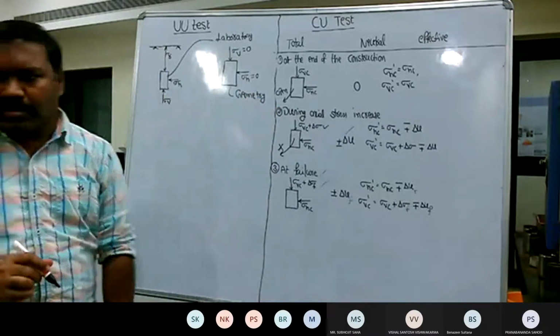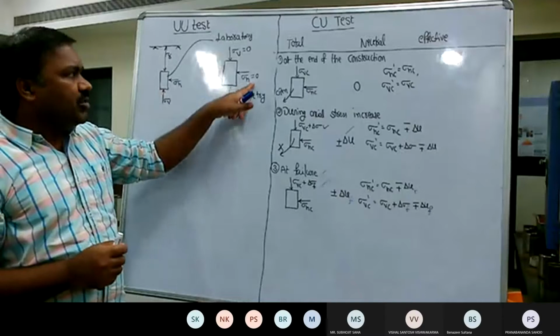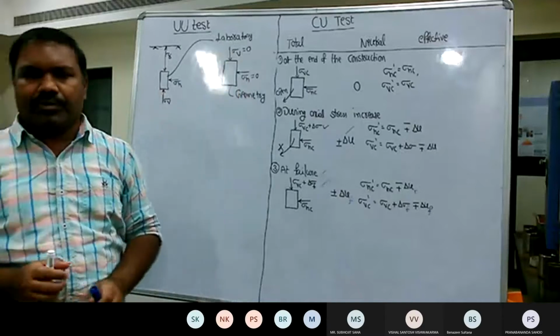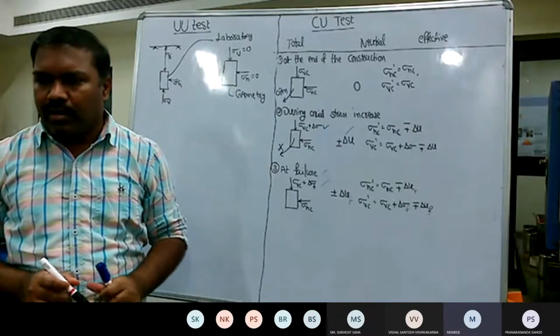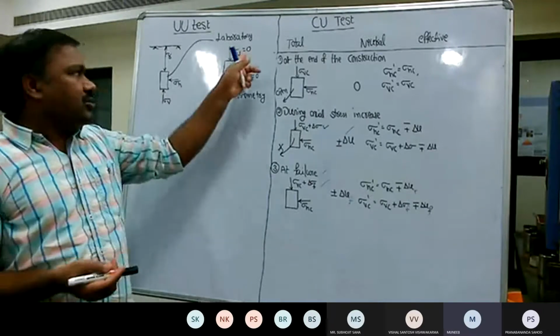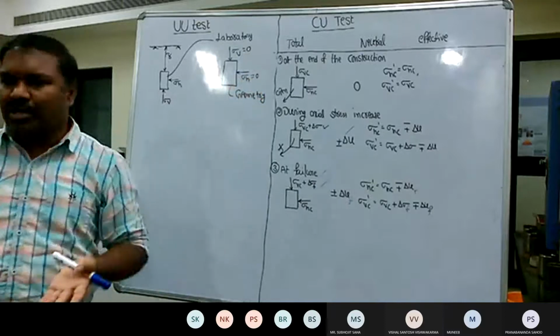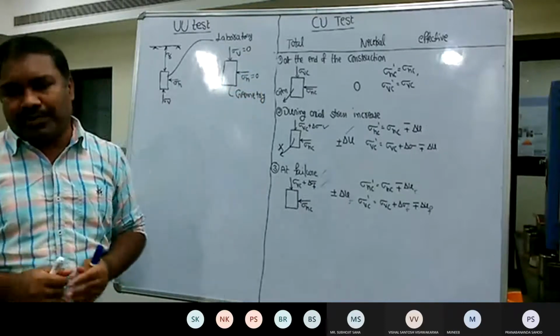Why? How could it maintain the geometry in the absence of sigma h and sigma v? Because there is no volumetric strain happening due to unconsolidation. Yes, obviously. Sigma v is 0, sigma h is 0. When both are 0, there is no consolidation, and the sample is just kept on the table.